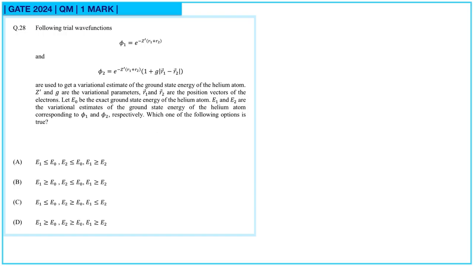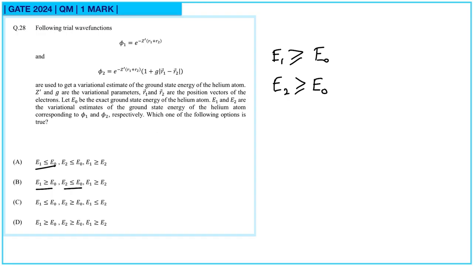Now energy of the trial wave function will always be greater than the exact energy. Now exact energy is E0. So this E1 has to be greater than or equal to E0, and E2 also has to be greater than or equal to E0. So first of all, let's check that. E0 should be smaller. So this is wrong.